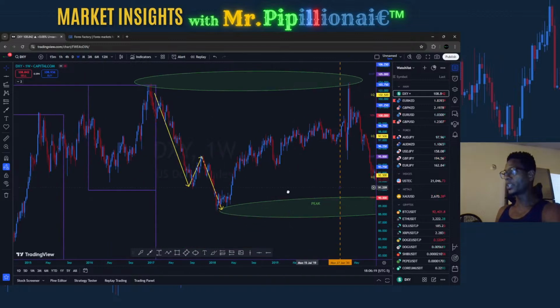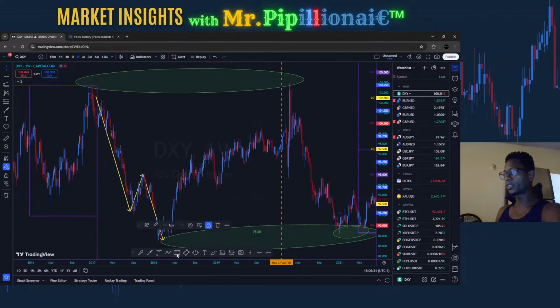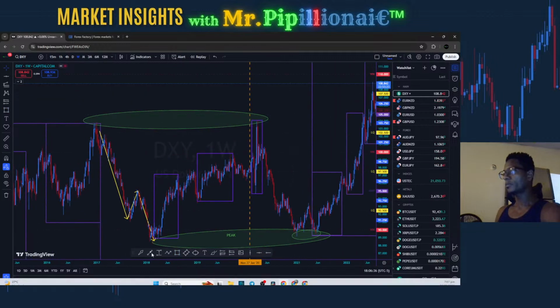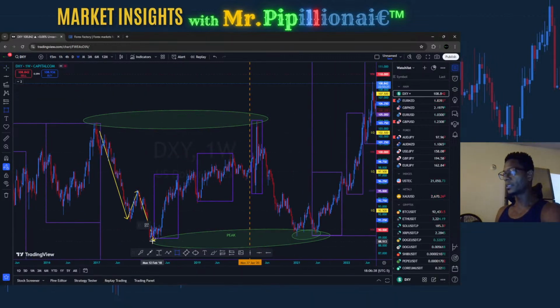Yes, so this is a reset structure, and in that reset structure we will see level 1, level 2, and you can see level 3 here, creating a cycle.